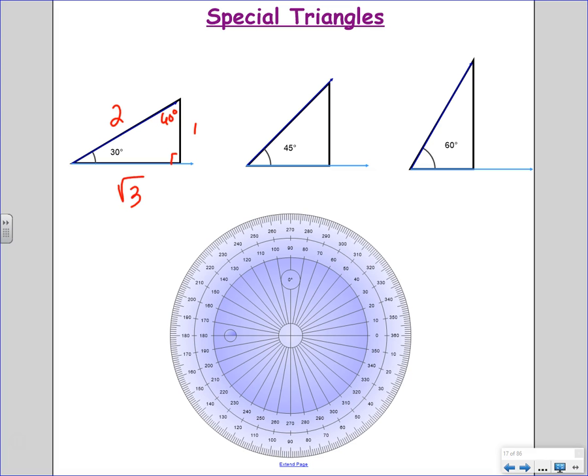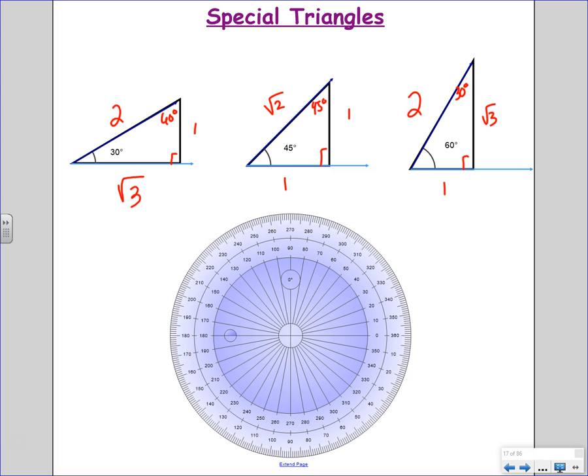For 45-45-90, it was 1, 1, root 2. You could check: 1 squared plus 1 squared is root 2 squared, it works. And for 60, well that's just a 30-60 flipped on end. So it's the exact same thing, except the 1 is down here now, the root 3 is here now, and the hypotenuse is here now.